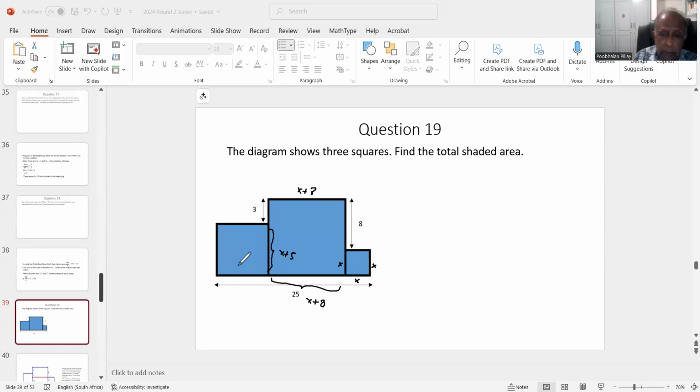So this distance here is x plus 5. That's the side of this square. So now we know the sides of all the three squares in terms of x.